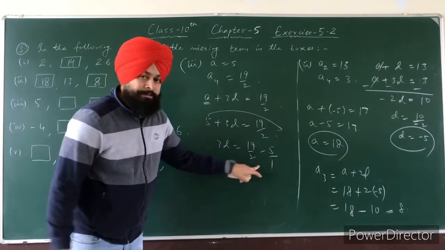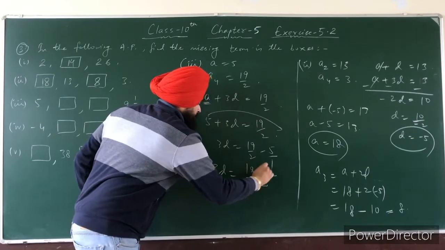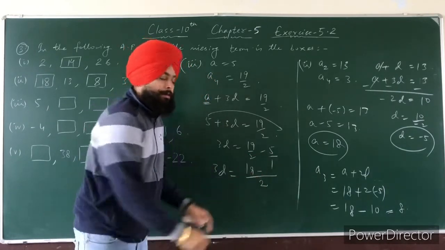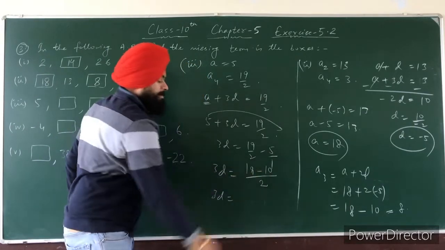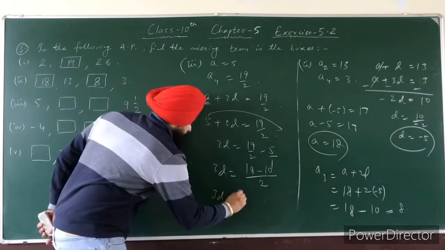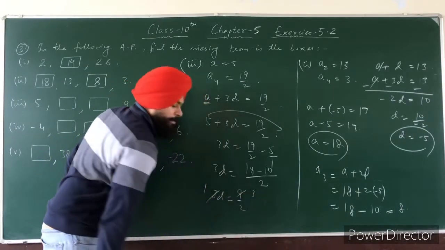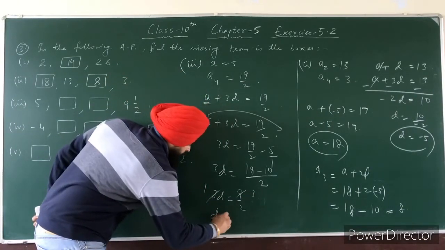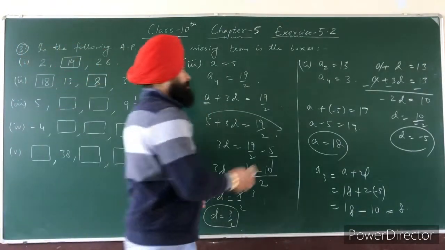By taking the LCM you can solve this. The LCM is 2. So write here 19 minus 2 5s are 10. 19 minus 10 is 9, so 9 by 2. Now cancel the 3: 3 1s are 3 and 3 3s are 9. So what is d? d is 3 over 2. And d is the common difference.